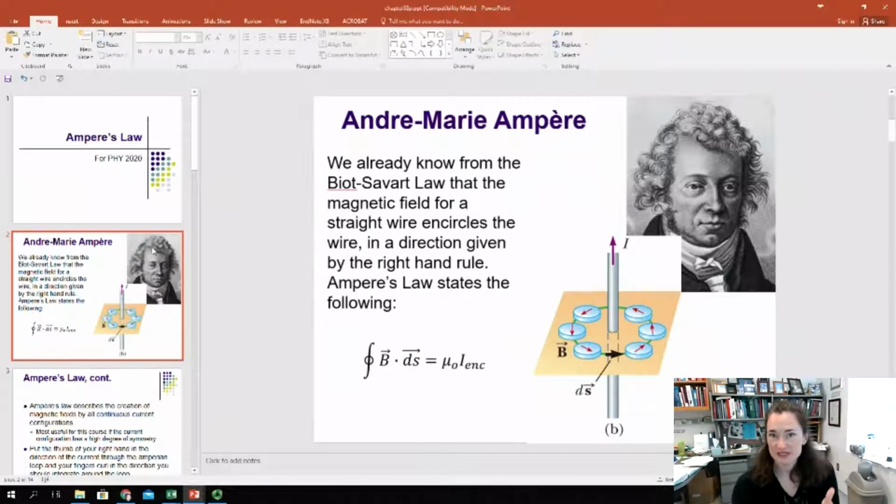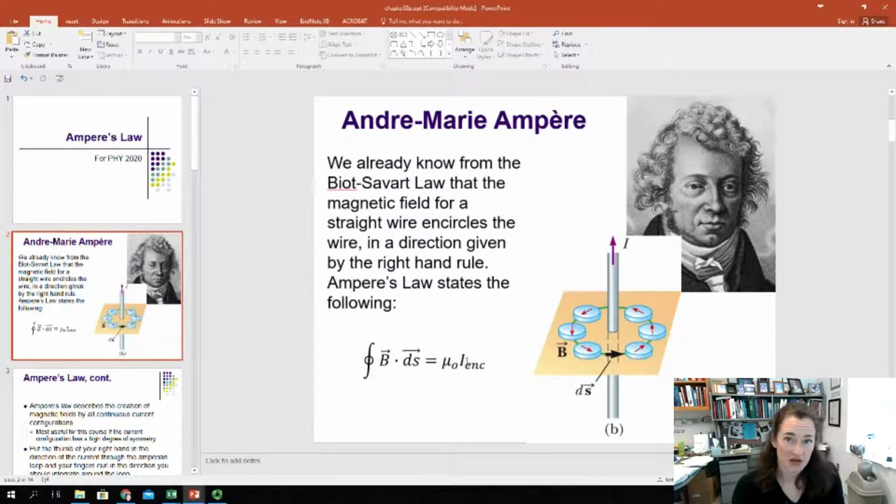Ampere noticed that there was a high degree of symmetry here, and that if you did a line integral of the magnetic field in a closed loop around that wire, in other words mathematically expressed as the integral around a closed loop of B dot ds, then you got mu naught, the permeability of free space, which is 4 pi times 10 to the minus 7 Teslas meters per amp, that constant mu naught times the current that was enclosed by that loop, okay?